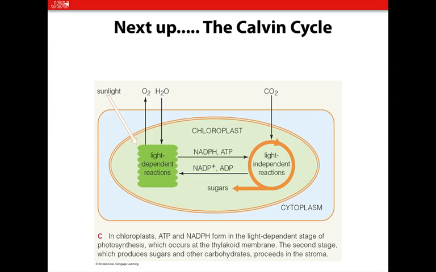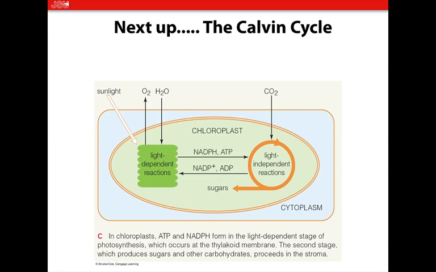What also comes out of the light-dependent reaction? Top arrow, NADPH and ATP, carriers of protons and energy. Where did the ATP get its energy from? Sunlight. Where did the NADPH get its hydrogen? From the water. We take the NADPH and ATP, the energy carriers, to the light-independent reaction, the Calvin cycle, primarily.